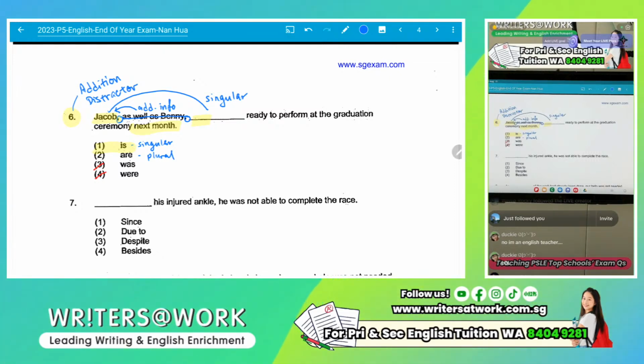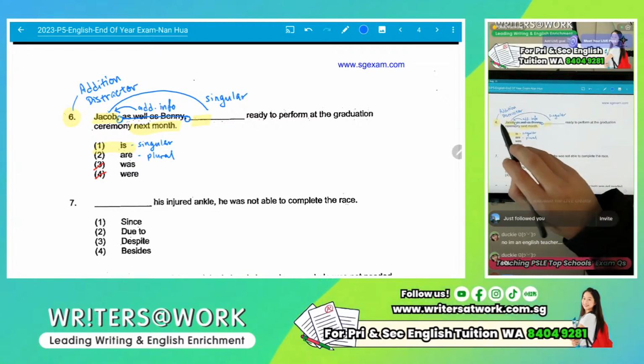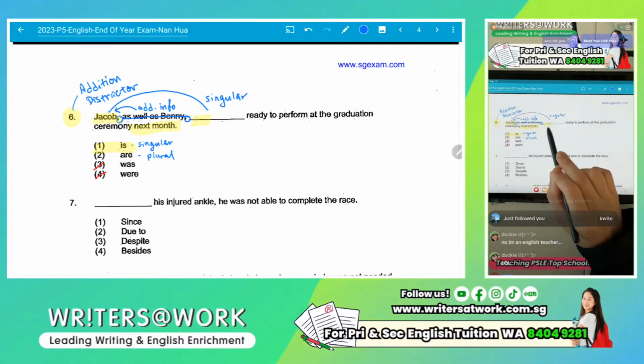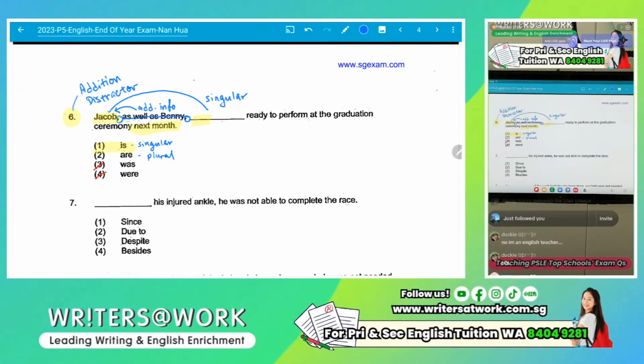To get distracted is to not focus on what's truly important over here. When you come across distractors, make sure you cancel them out so that you do not fall prey to these tricks over here. Okay? So important, make sure you cancel out your addition distractor. Focus only on your main subject, which is Jacob over here for your singular. Okay, right. So well done.